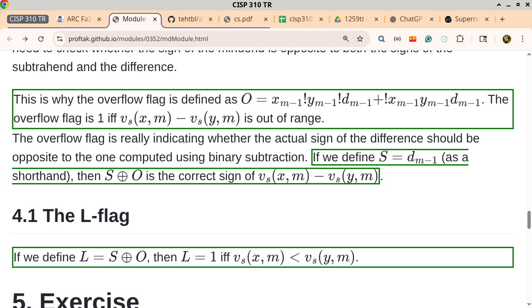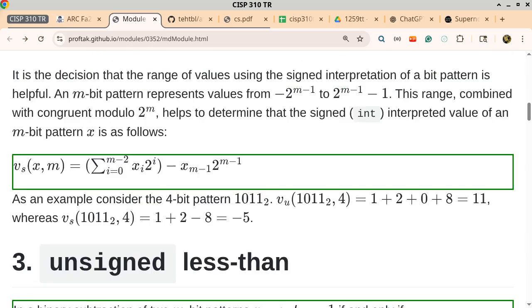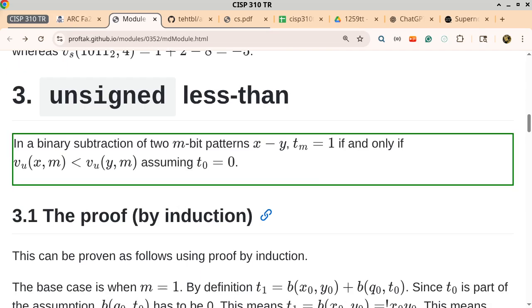When you compare, if you're using the signed interpretation, you have to look at the L flag to know whether X is less than Y. But on the other hand, if you're doing the unsigned interpretation, then we go all the way back to the beginning and say, if you're using the unsigned interpretation, then all you need is the borrow flag. The most significant digit of the borrow flag will indicate whether X is less than Y or not.